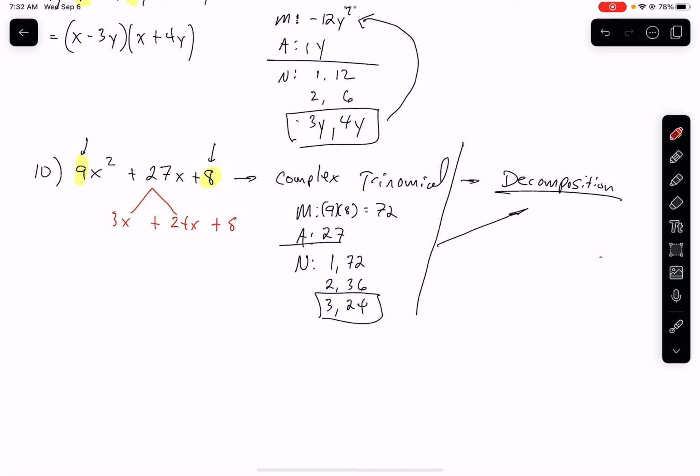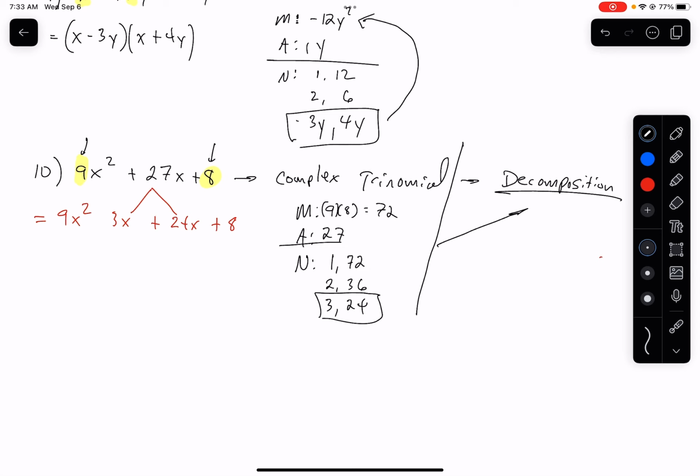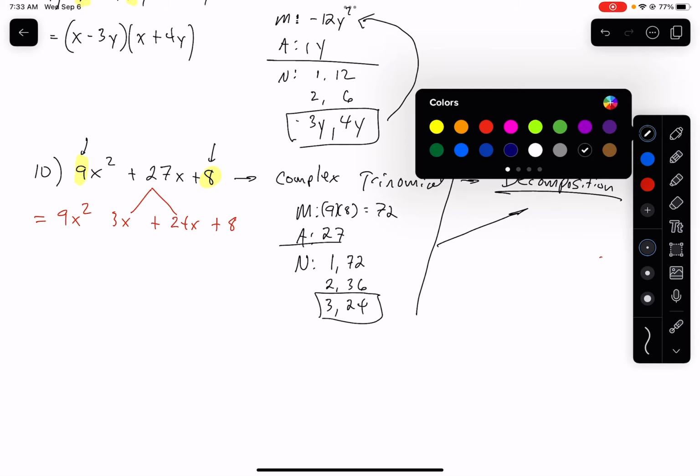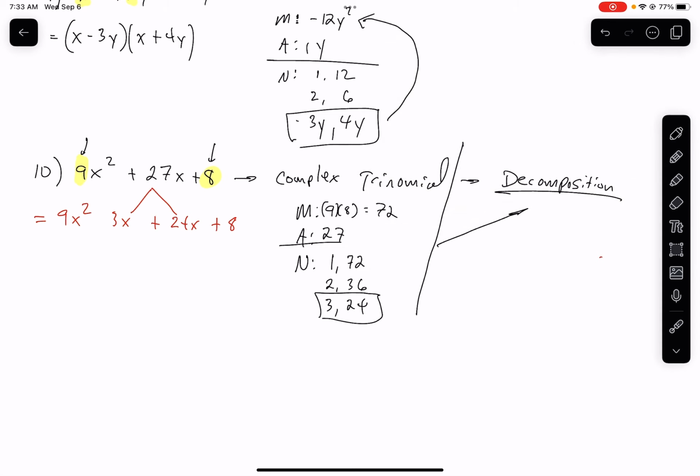And then I just write the other two pieces. And we're almost done. So what we're going to do now is use our factoring by grouping process or skill set, right? To break this question in half and remove common factors across each half individually. And then we're almost done.